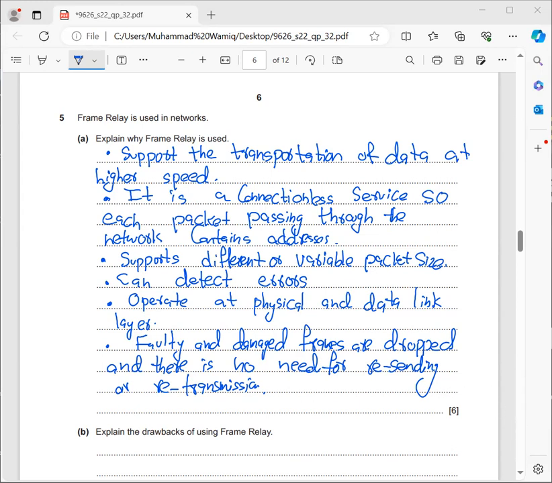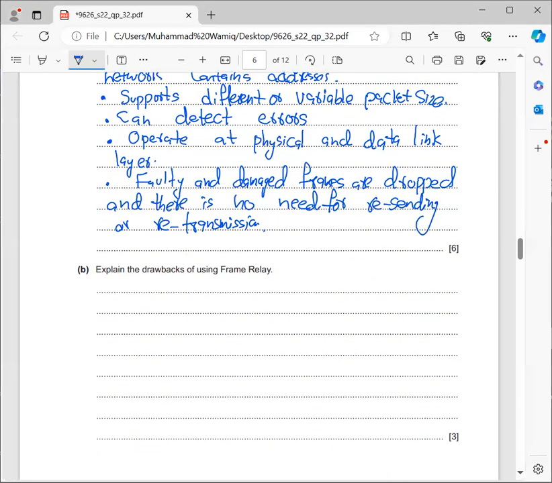Now, the B part is to explain the drawbacks of using frame relay. What are the drawbacks? This is for 3 marks.